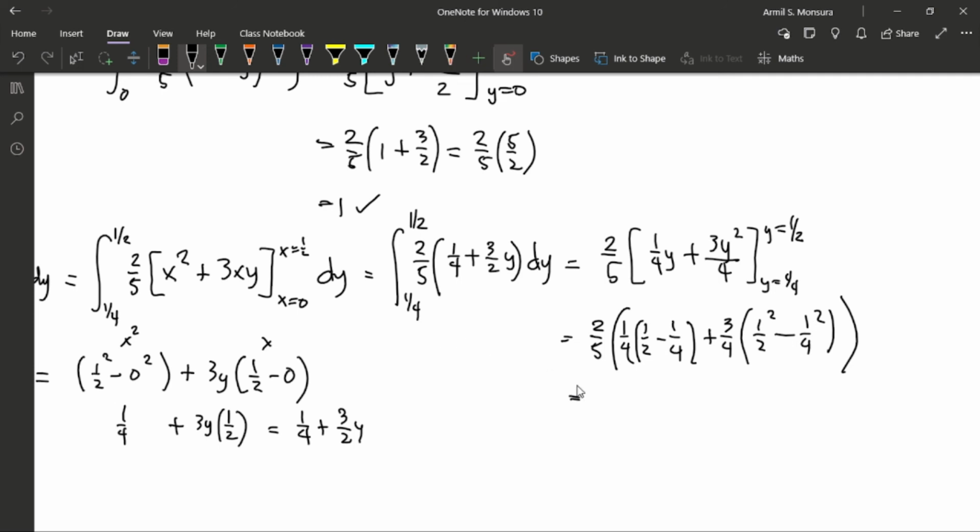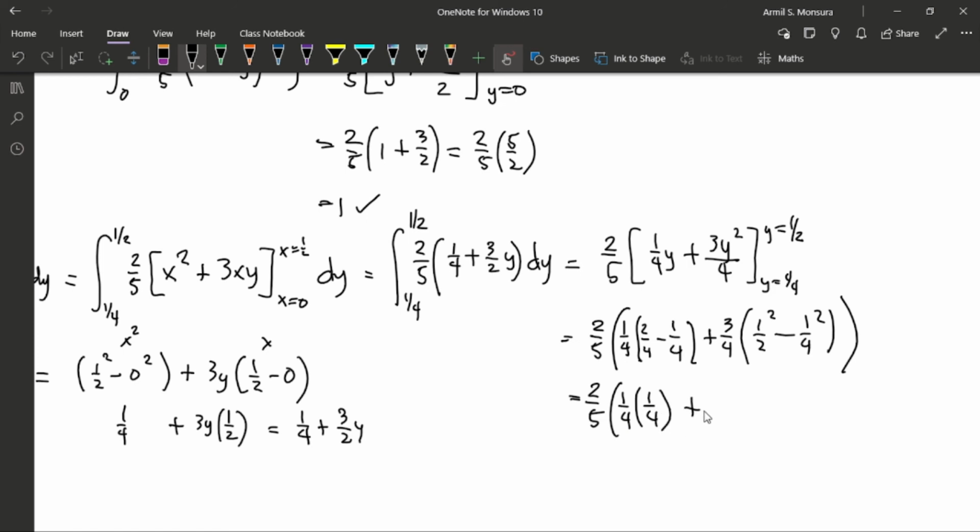Okay? So, you have here now 2/5 multiplied to 1/2 minus 1/4. So, gawin natin 2 yung numerator nito. Gawin natin 4 para pareho siya ng denominator. Okay, so this is 1/4 multiplied to 2/4 minus 1/4 is 1/4.